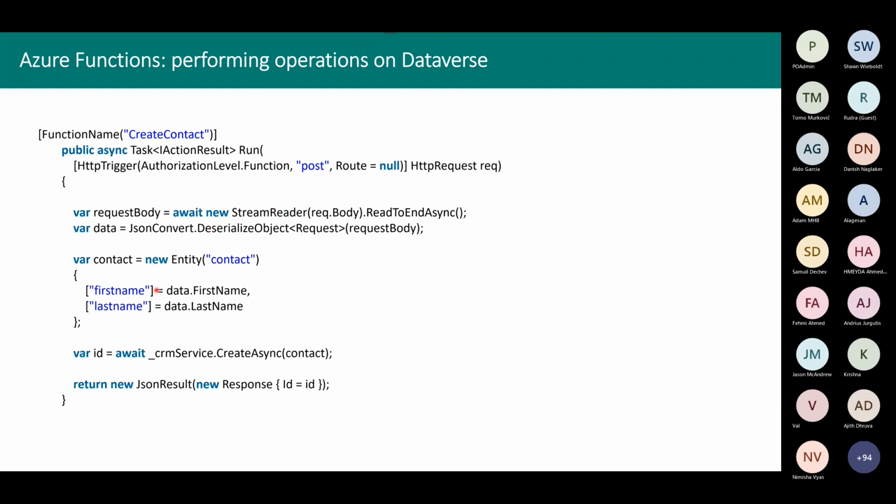I'm creating a contact entity, and then I'm calling a method, CreateAsync, of the Dataverse connector that permits me to write operations inside the Dataverse environment directly from the Azure Function. And that's quite powerful because you can do also complex operations from Azure Functions to Dataverse, and you can extend your business logic by also using all the Azure services and all the .NET power.